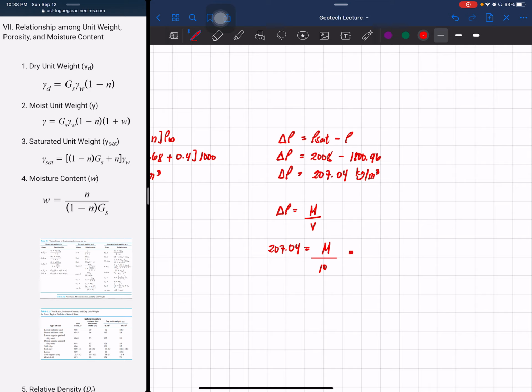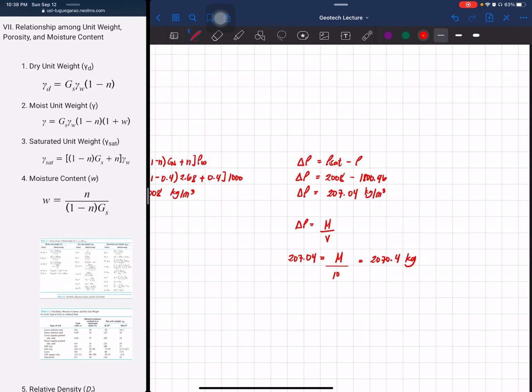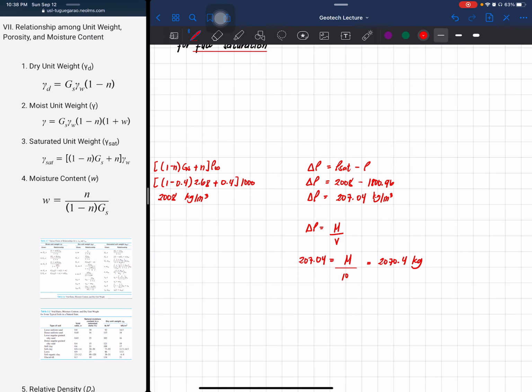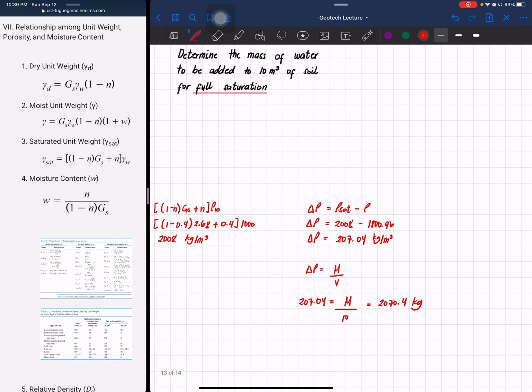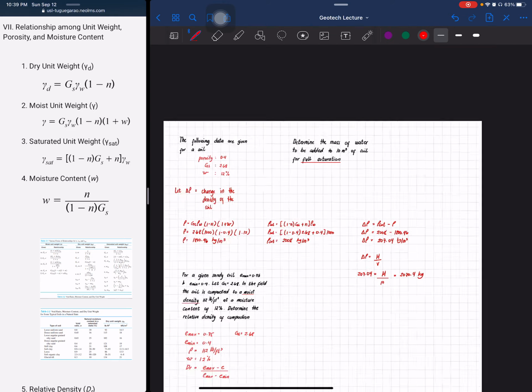Okay, so what is now the mass of the water to be added? So that is, I think, 2070.4 kilograms. Okay, so that is now the mass of the water to be added to the 10 cubic meter soil. Okay, so that is your problem number 2.